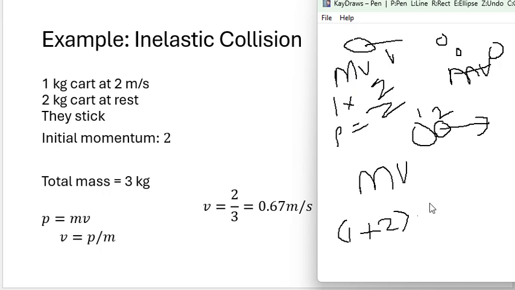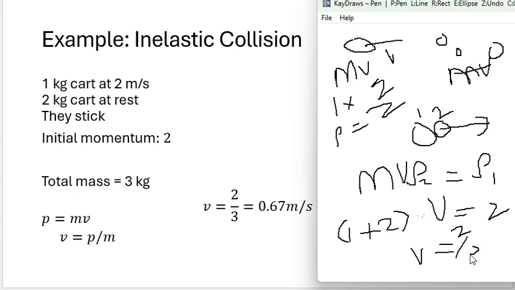Then of course we have to find the final velocity. We already know this is the second momentum and this is the first momentum, and they are conserved. So it is equal to 2, which is your first momentum. Now your 2 is here, and that's your 3.